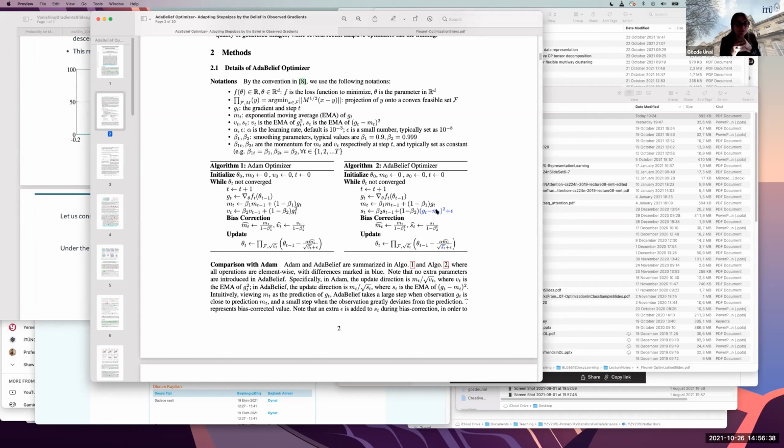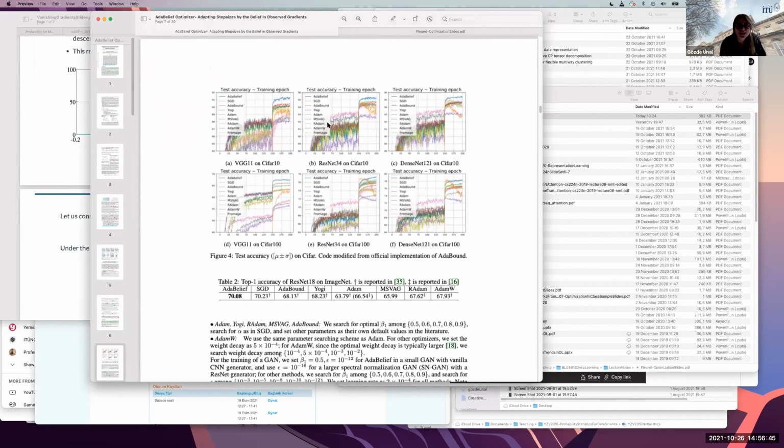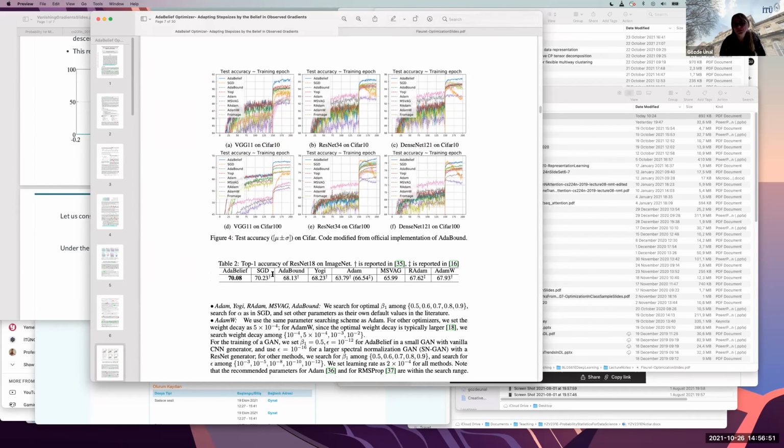There are many things they probably worked on, but you can check. When you propose something like this, you have to compare to others. For instance, they compare top 1 accuracy of ResNet on ImageNet, SGD compared to AdaBound.